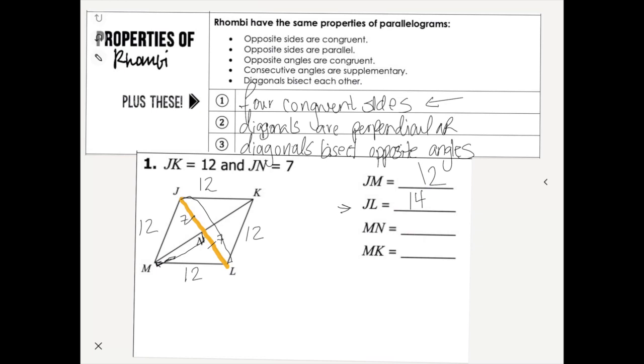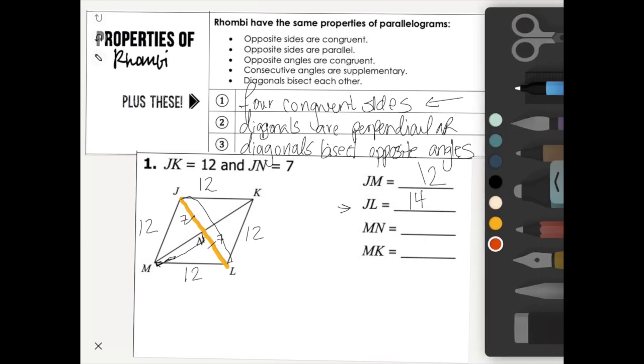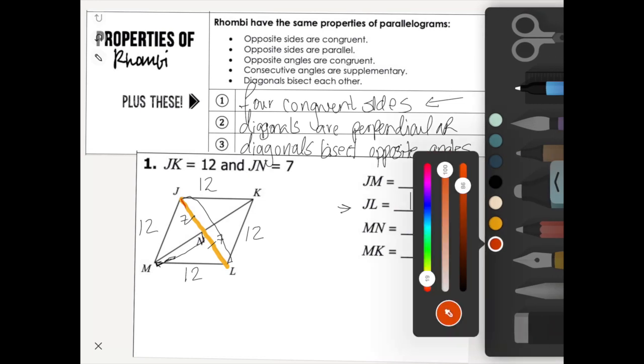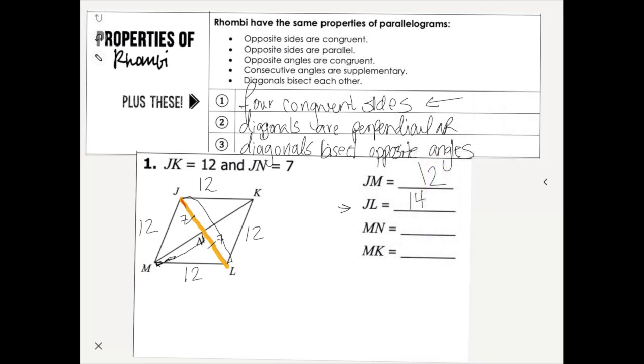We can use Pythagorean theorem again by looking at this triangle right here. We're going to look at this triangle in red right here. And I'm looking at this triangle because if I find MK, I'm going to call this X for MK.